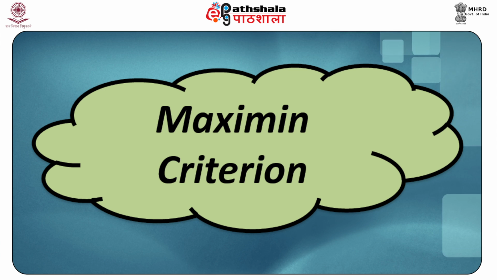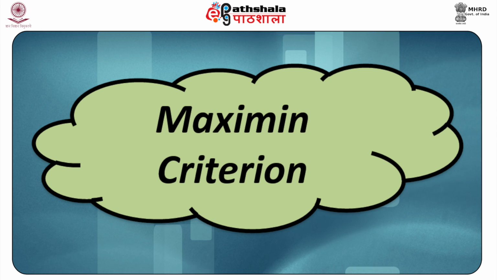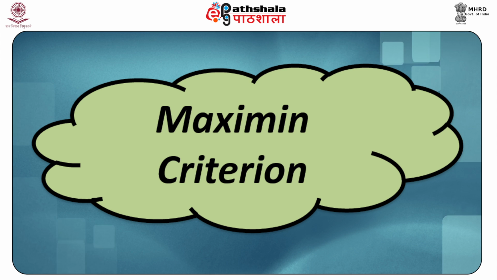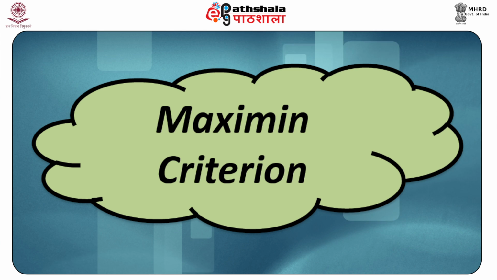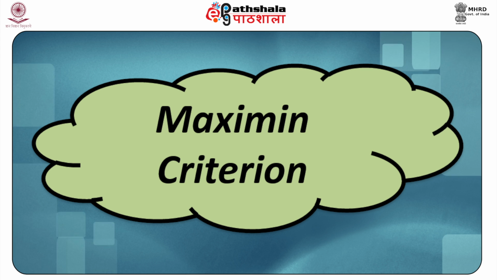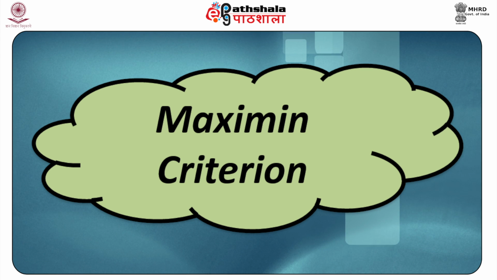Similarly, we have profits for the case where market acceptability is good, fair and poor. Now, the question arises, which model should the company select? It should be noted that the probability of the market acceptability being excellent, good, fair or poor is not given. So, this implies that it is a case of decision making under uncertainty.